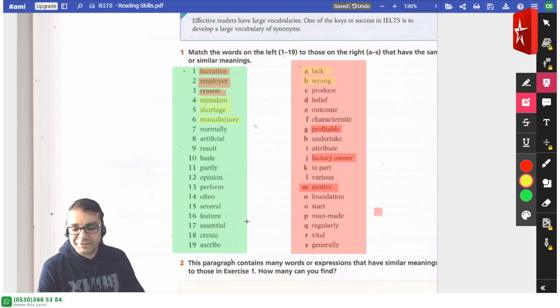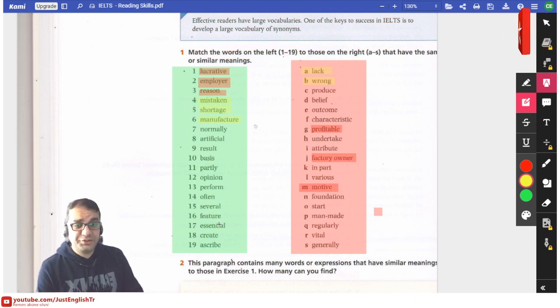What is number 6? Chanel said it's C. Yes? Manufacture? Okay. What else?